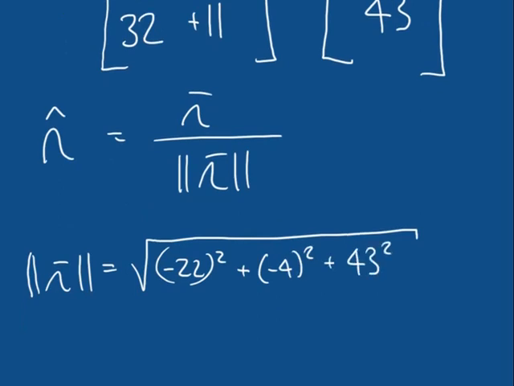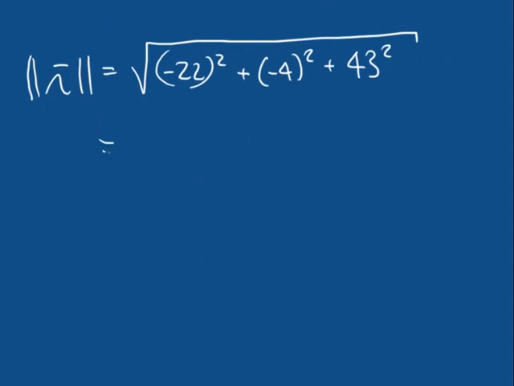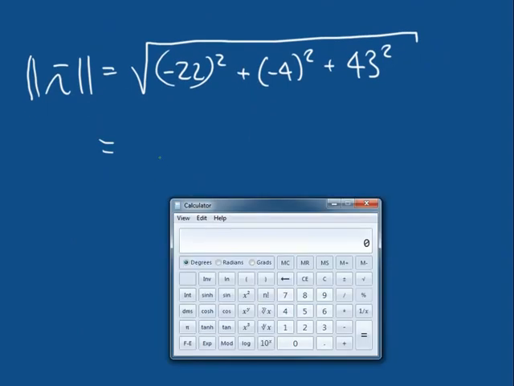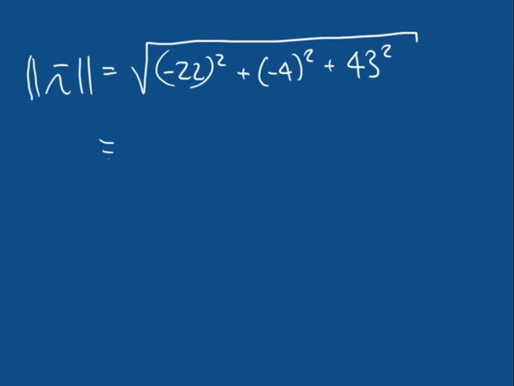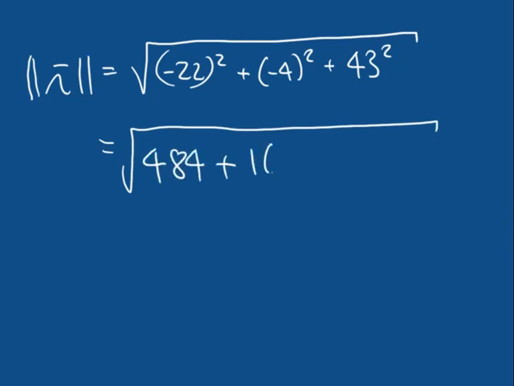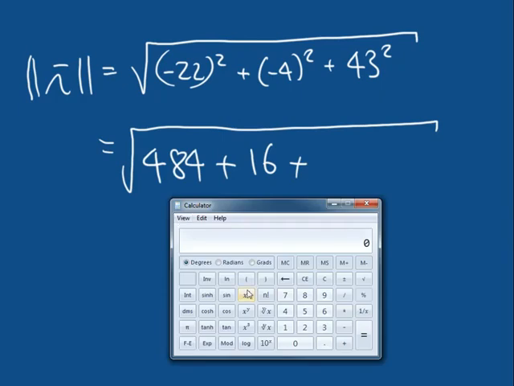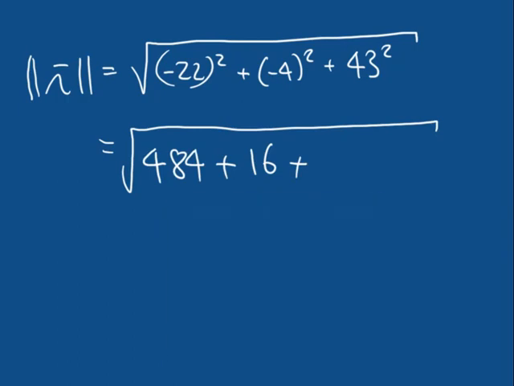I'm not even going to attempt to work this out in my head, so I am going to bring up a calculator. So minus 22 squared is the same as 22 squared, which is 484, so this is equal to the square root of 484 plus minus 4 squared is 16 plus 43 squared is 1,849.